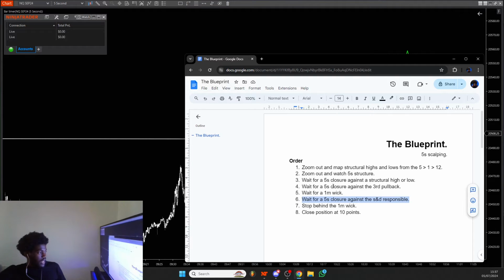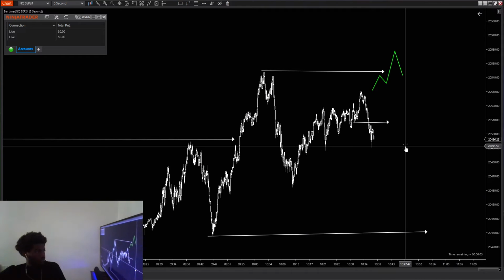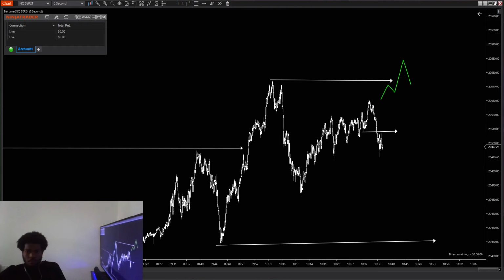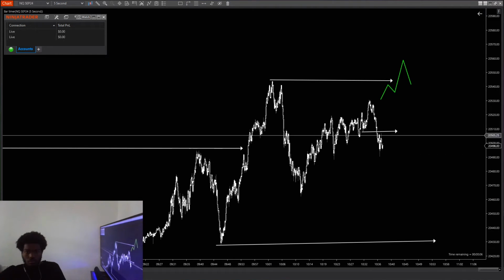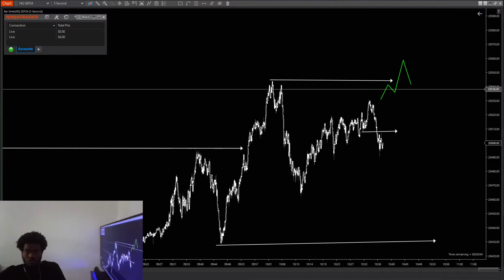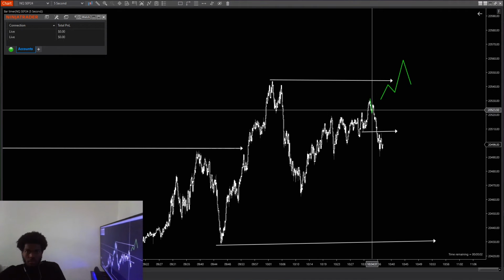This is what I need to see for the entry, but 3, 4, and 5 is what I need to see for a potential trade setup. You feel me? And 7 and 8 is just how I manage my position. But of course, you guys will see all of that.